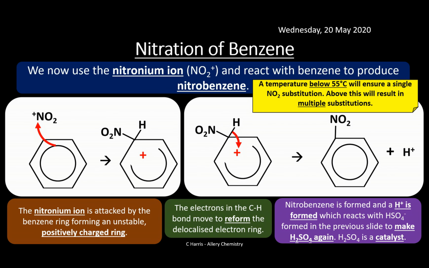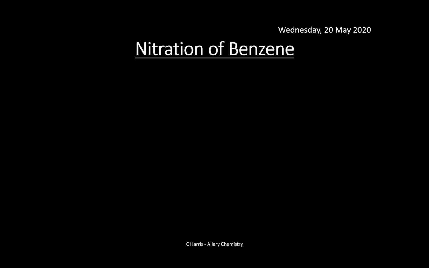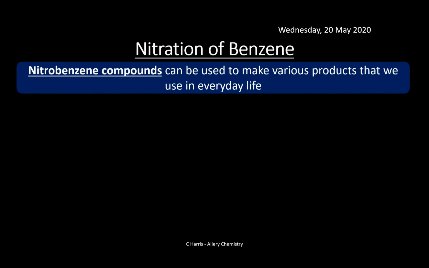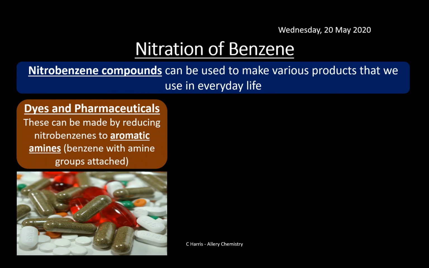Okay. Right. So, like I say, about the uses of nitrobenzene compounds, they can be used to make various products that we use in everyday life. So this is, in particular, looking at the nitrobenzene compounds. So the first one, as we've said already, is dyes and pharmaceuticals.